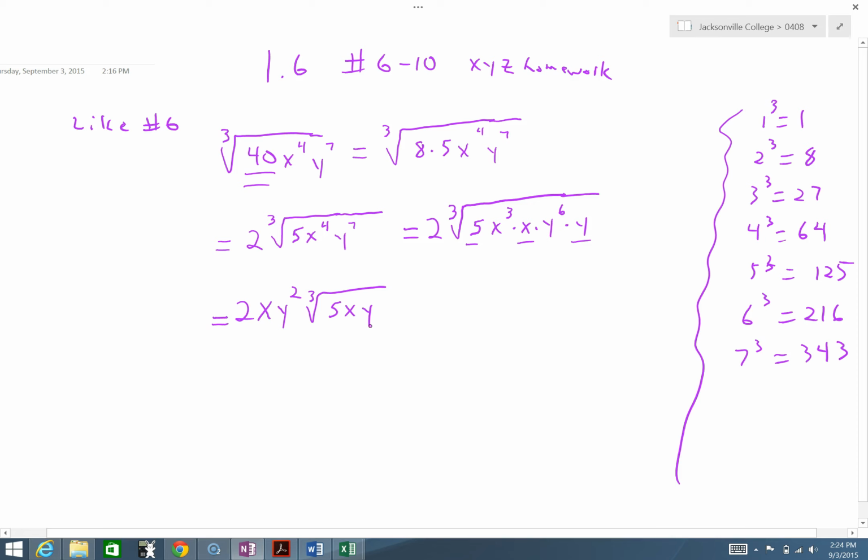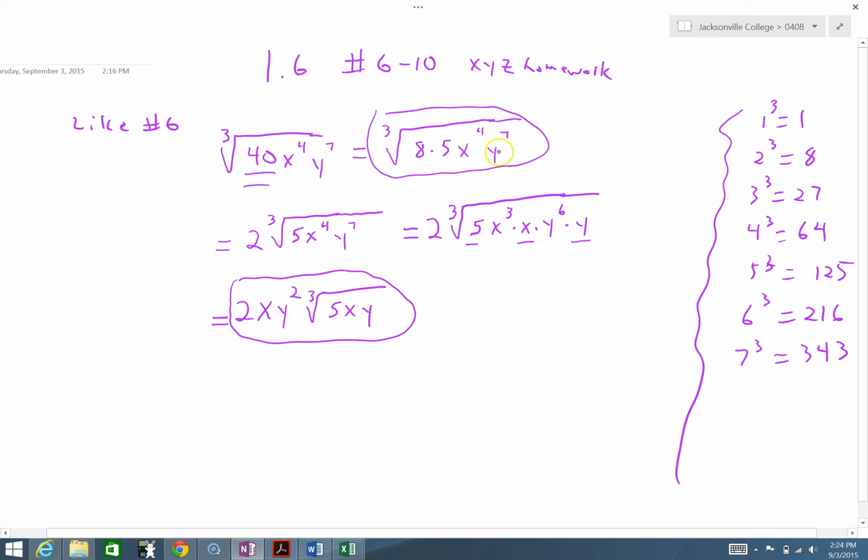Let me see if I can tell you how you can rapidly get from this statement to this final statement. I'm going to treat this much like it's a divisor. Here I have x to the 4th power. Consider, how many times will 3 go into 4? Well, it'll go in 1 time. So essentially I take that 1 power out with 1 left over, 1x remaining.